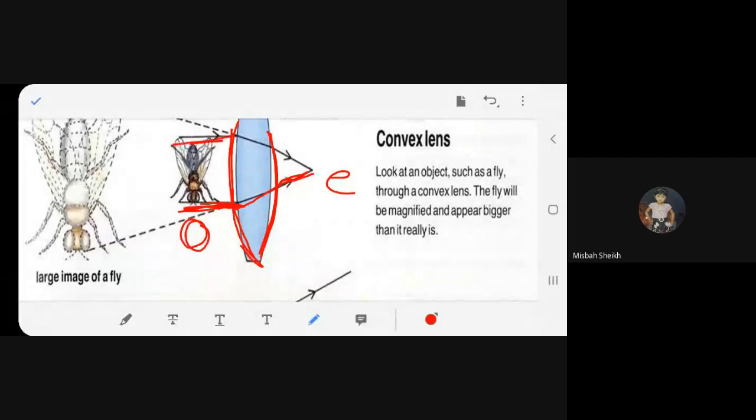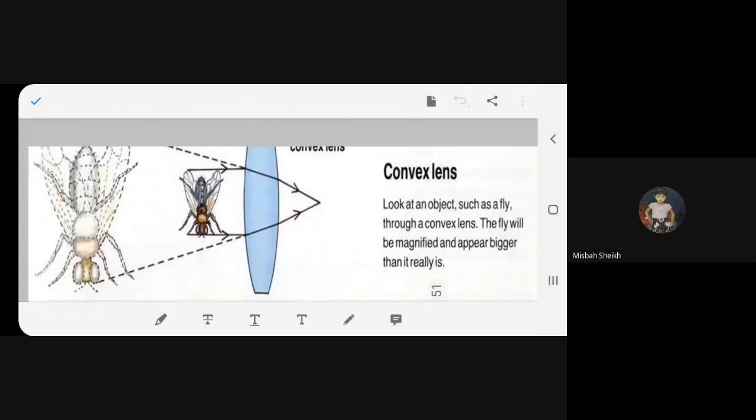Yes, it is met. But then we have to go backwards, and it will be a magnified image. You can see a large image of a fly through the convex lens. You understand?